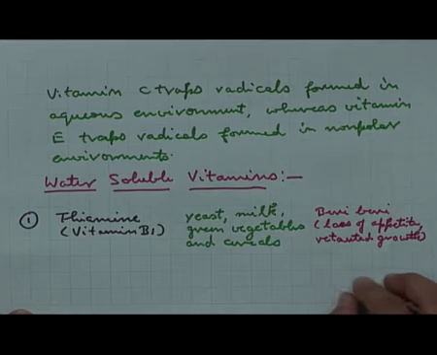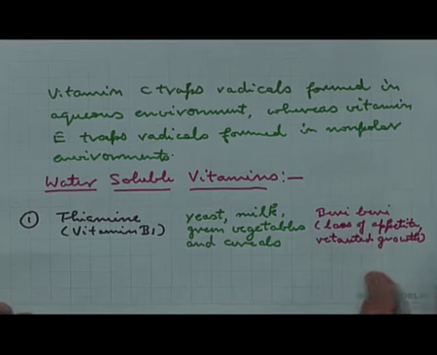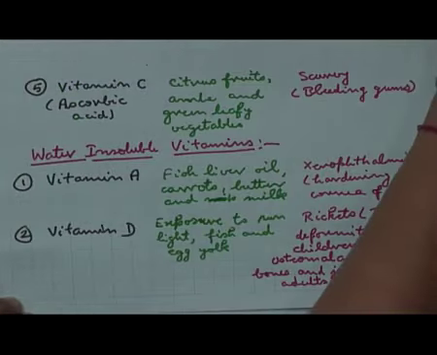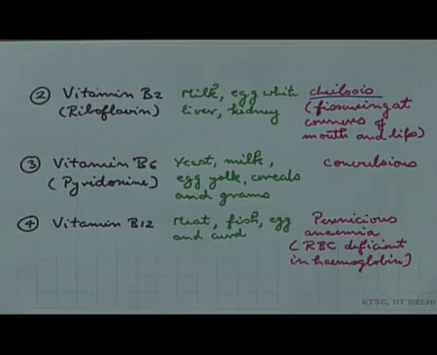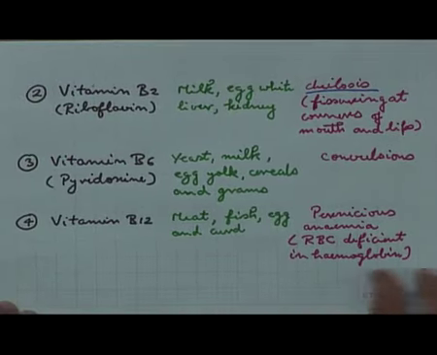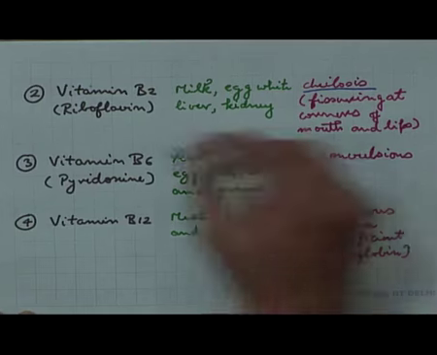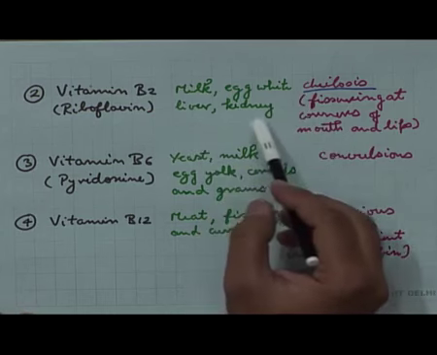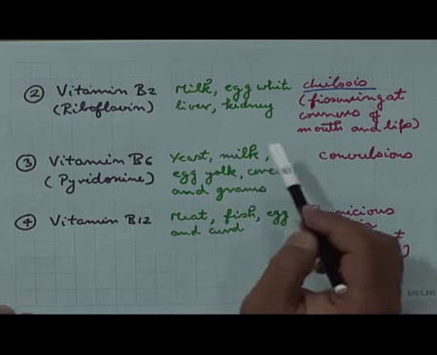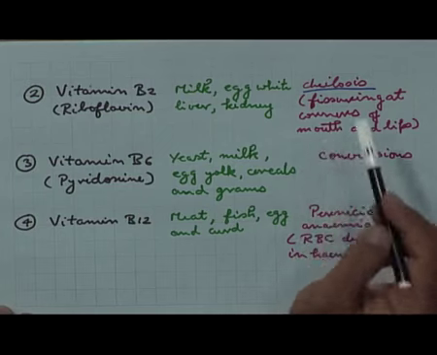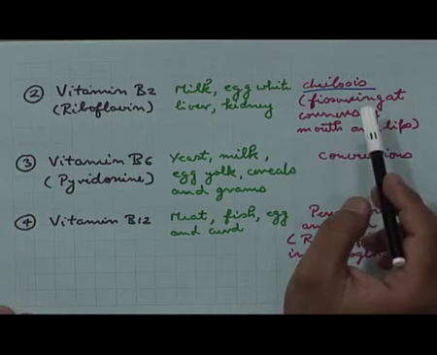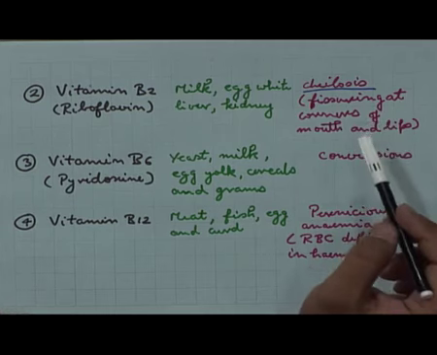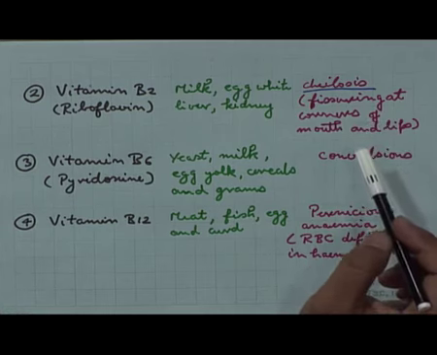Deficiency of vitamin B1 leads to the beriberi disease, where symptoms are loss of appetite and retarded growth. Then next is vitamin B2, obtained from milk, egg white, liver and kidney. Deficiency of vitamin B2 or riboflavin leads to cheilosis, with fissuring at the corners of the mouth and lips.